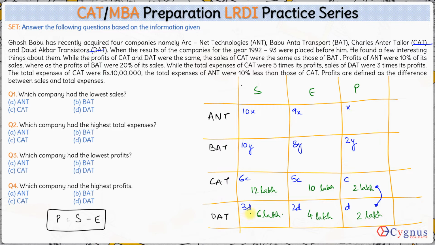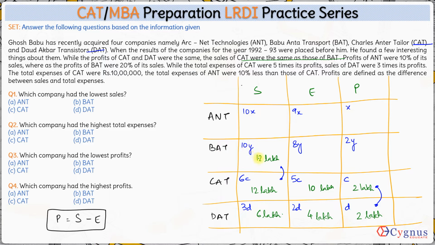Right? Okay. Now there was one more thing that we missed out. Profits of CAT and DAT were the same. Sales of CAT and BAT were the same. So these 2 figures have to be the same. That means sales of BAT will also be 12 lakh rupees.